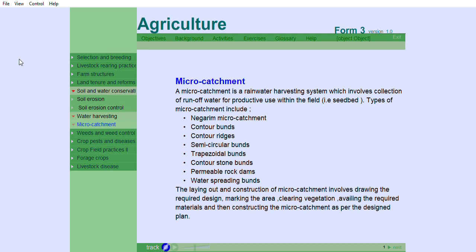The laying out and construction of a microcatchment involves drawing the required design, marking the area, clearing vegetation, availing the required materials, and then constructing the microcatchment as per the designed plan.